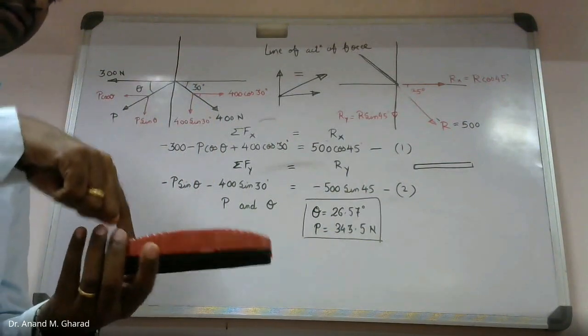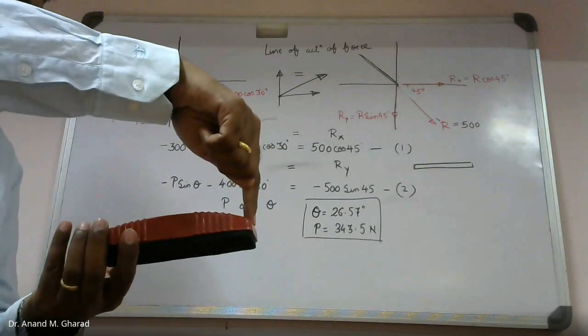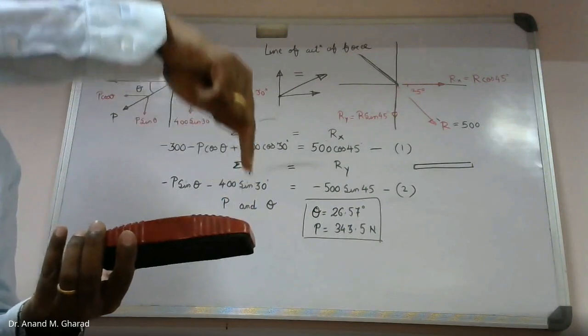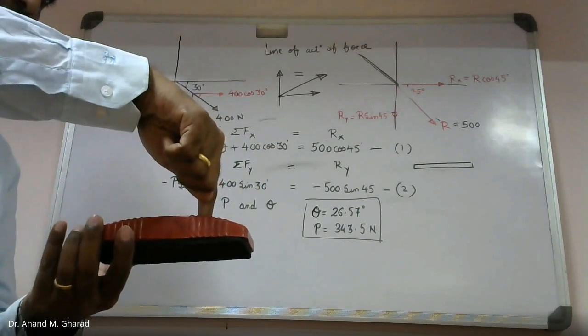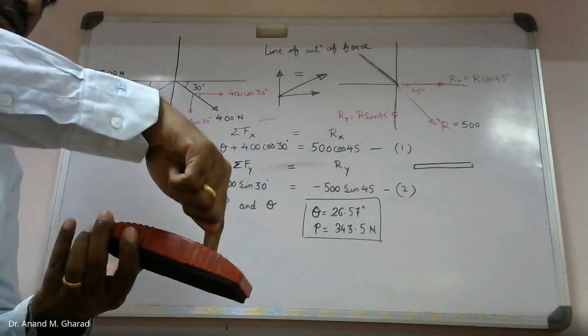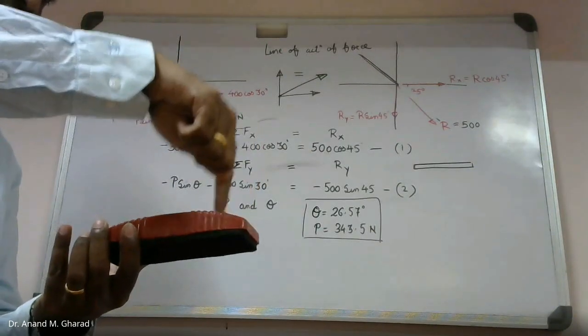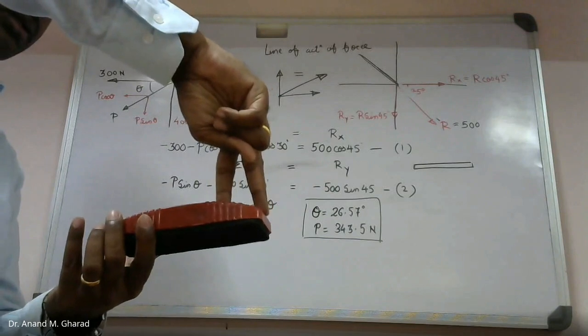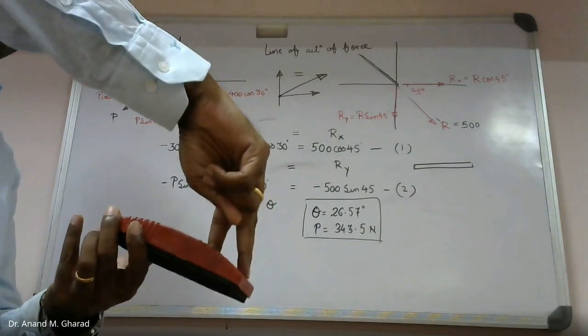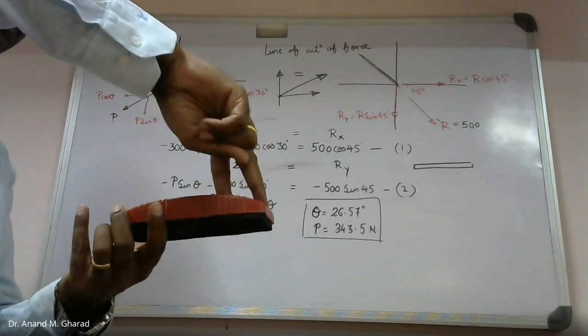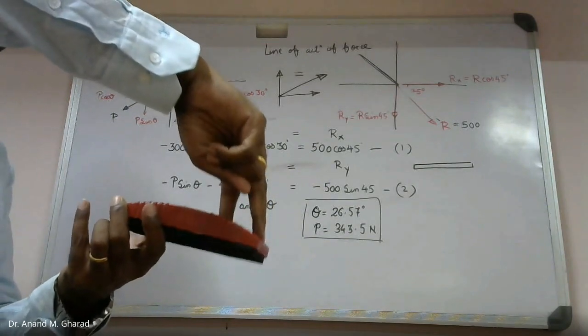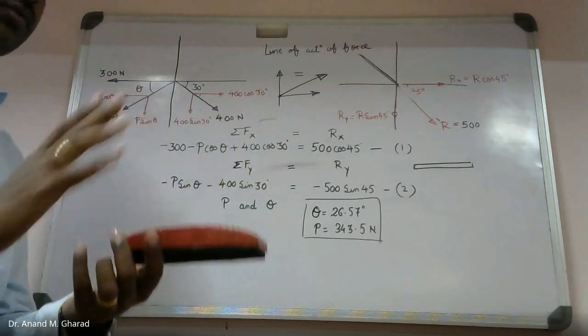This is one force, and if I apply some other force here, even though this force is not passing through the same point, then like this there are two forces acting on this rigid body and they are trying to move this rigid body.